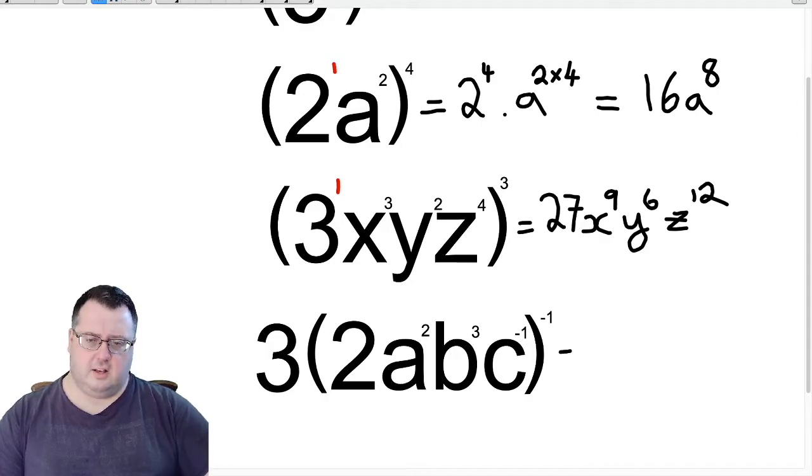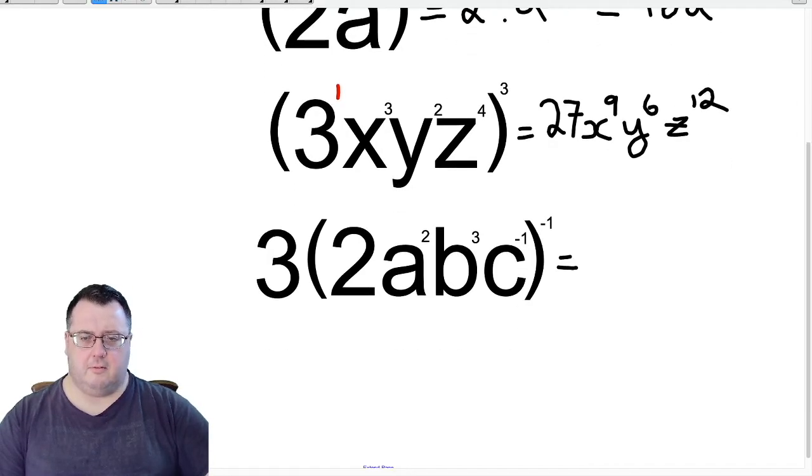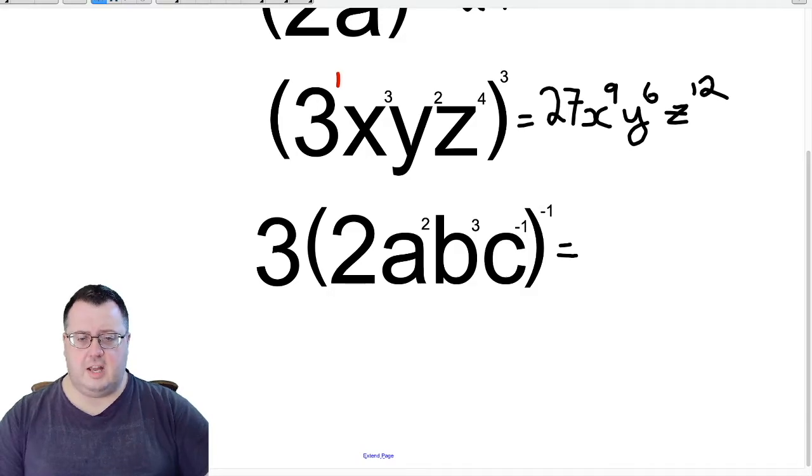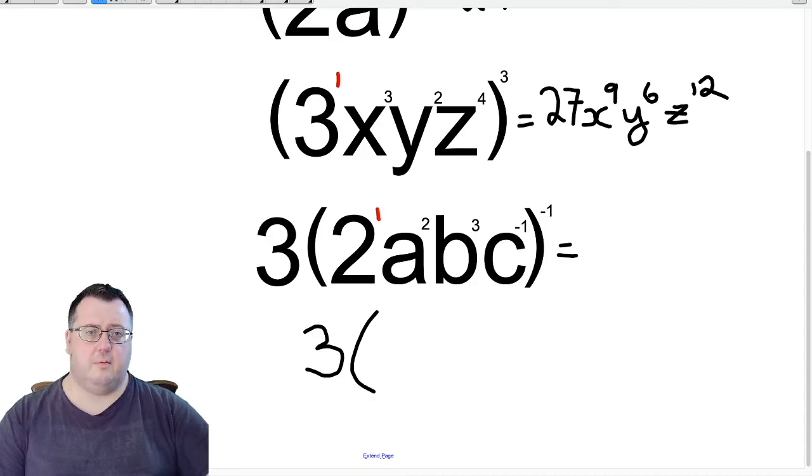And lastly, but by no means least, this one's a bit of a biggie. So I'm going to keep the 3 on the outside. Let's work on the inside then. We've got 2 to the power 1 here. 2 to the 1 times minus 1 is going to be 2 to the minus 1.